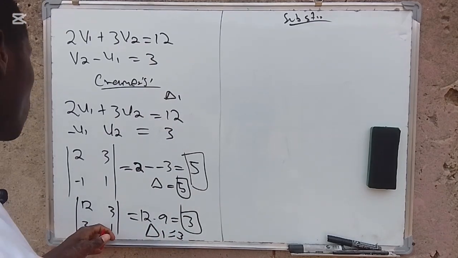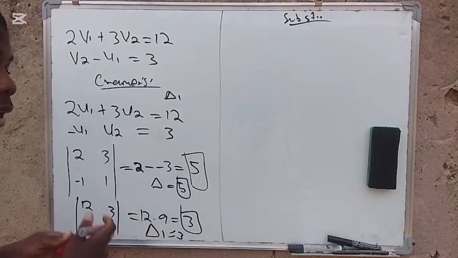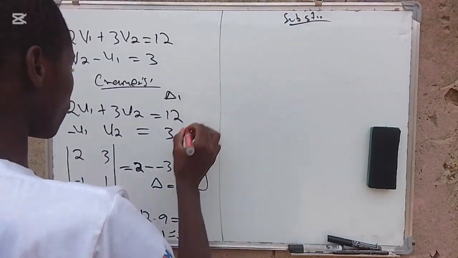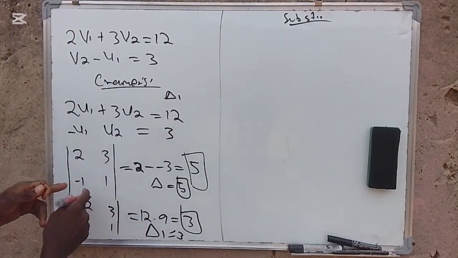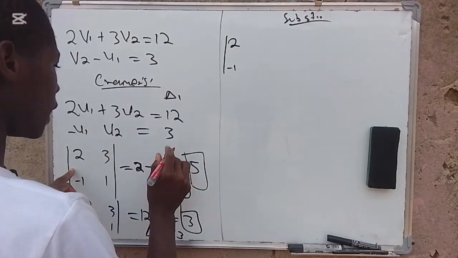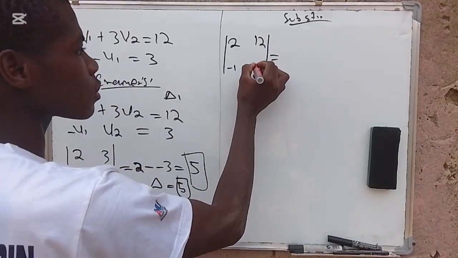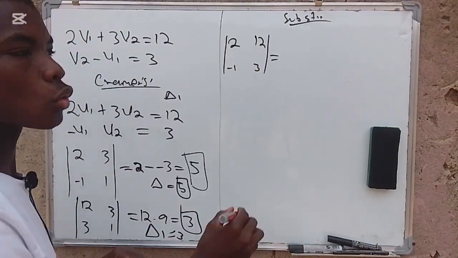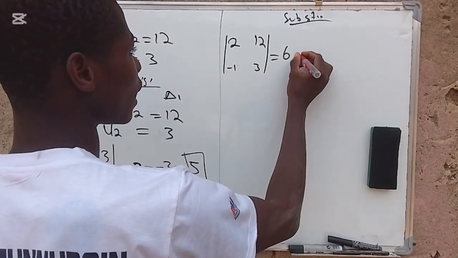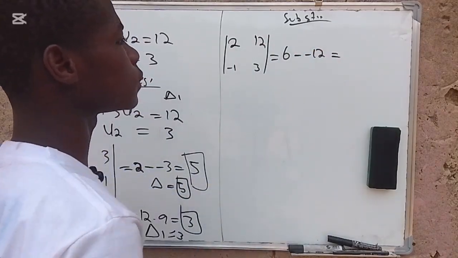Now I have to pick out the output and put it in the second column. As usual, the first column has 2 and negative 1, and the output is 12 and 3. So this is equal to 3 multiplied by 2, which is 6, minus this times this, which is minus 12.